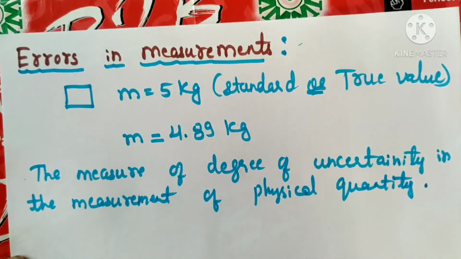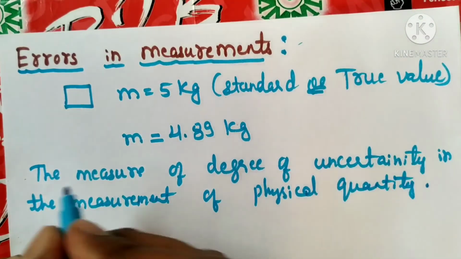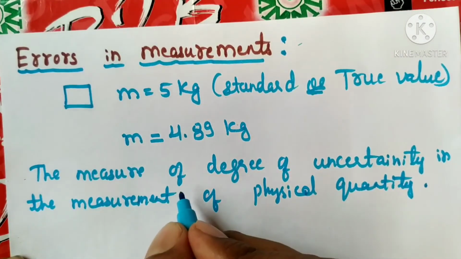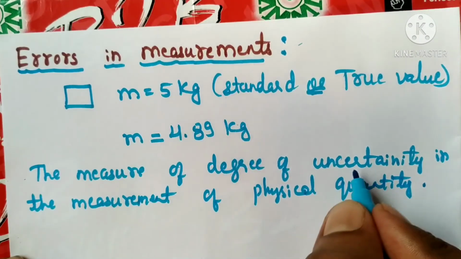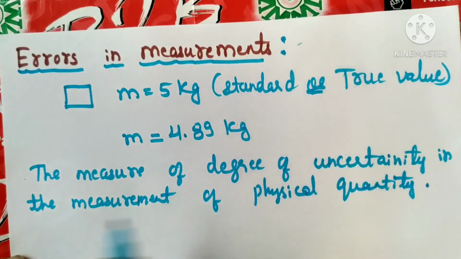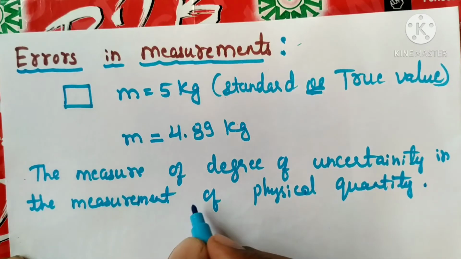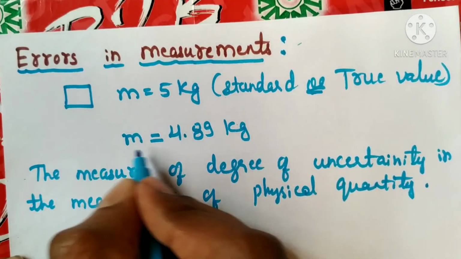That is what error. So try to understand the definition. It is the measure of degree of uncertainty in the measurement of a physical quantity. So mass is a physical quantity.